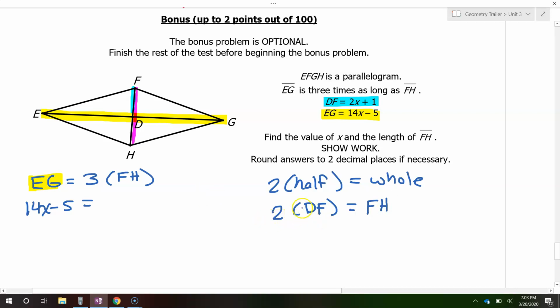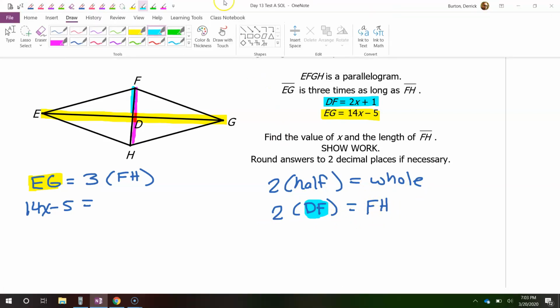So now look, we have an expression for DF, don't we? All right, DF is the 2x plus 1. And here I have DF right here. So we can use our 2 halves equals a whole to simplify this down a little bit.